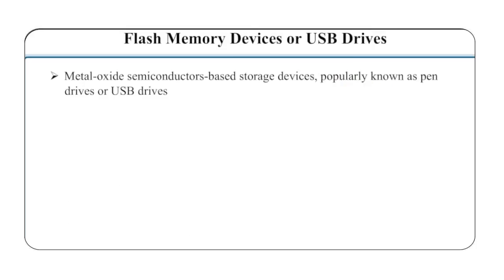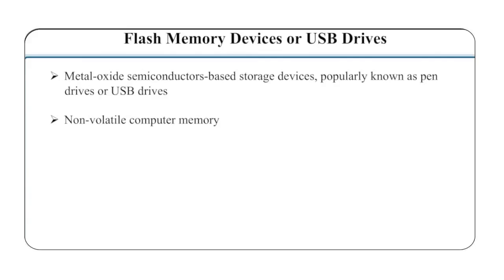Flash memory is metal oxide semiconductors based storage devices, popularly known as pen drives or USB drives or flash memory devices. It was patented in 1999 by IBM. USB drive is a non-volatile computer memory that can be electrically erased and reprogrammed.